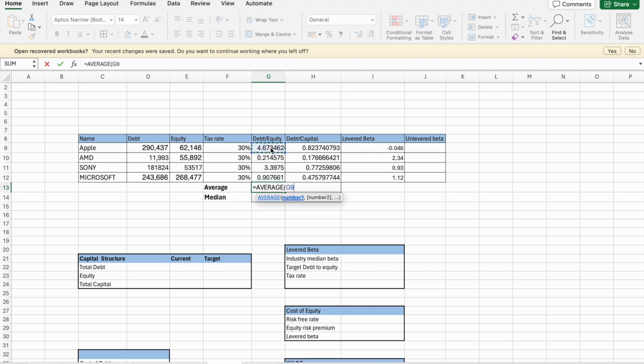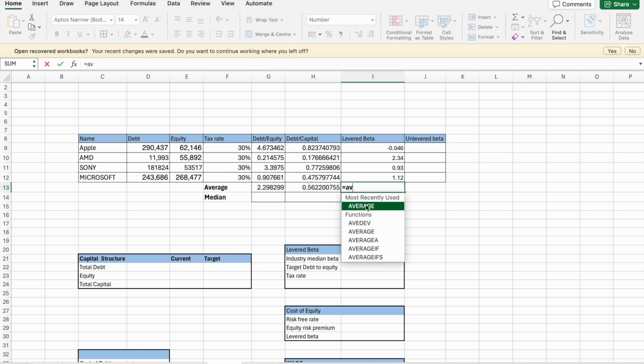So here we are going to do the average for this debt to equity and debt to capital as well. The reason we are taking this is that it would be our target, because this is the average of these 4 companies, which we will consider as the target debt for the company.